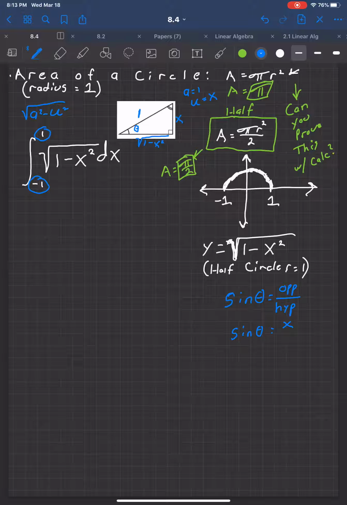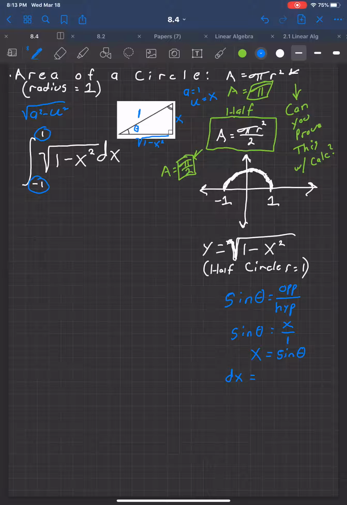And my hypotenuse would just be a length of 1. Okay, so at this stage, we normally go through and solve for x, but we're there, right? So we know now that x is equal to sine of theta. Okay, so let's immediately go ahead and take dx.